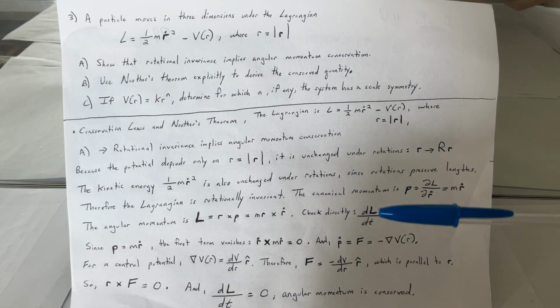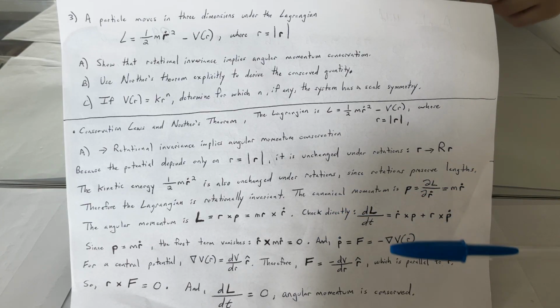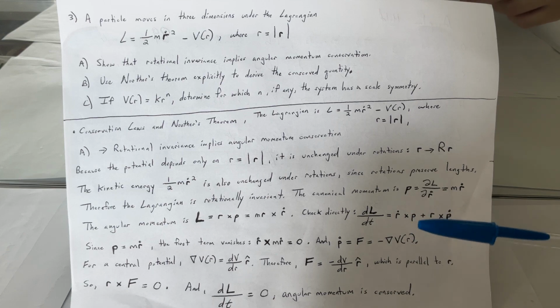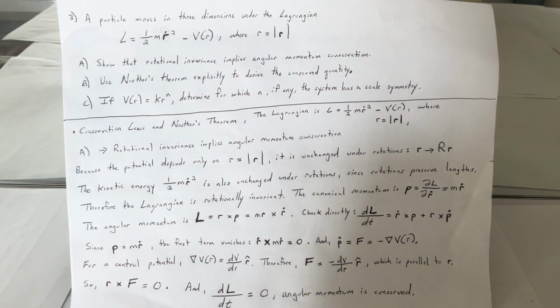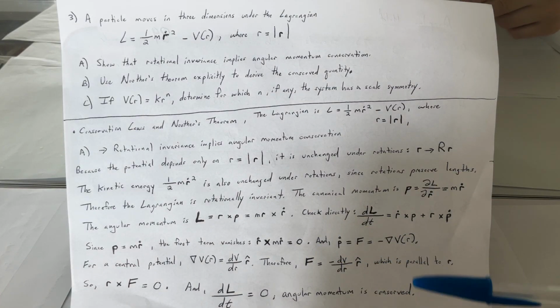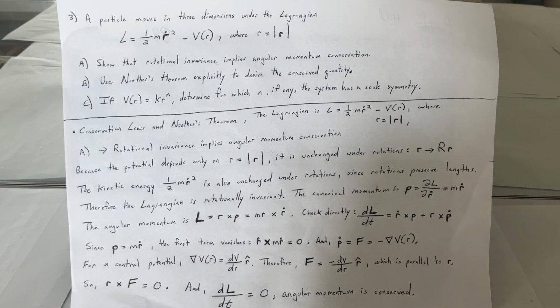And check directly here. Derivative of L with respect to t equals r dot cross p plus r cross p dot. And since p equals m r dot, the first term vanishes. r dot cross m r dot equals 0, and p dot equals F equals negative gradient V of r.